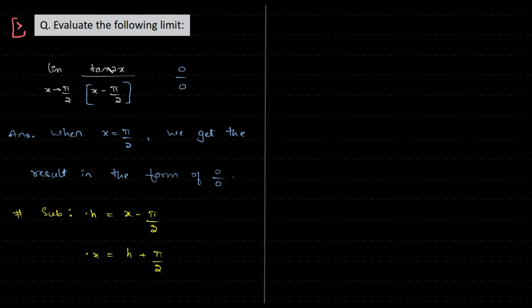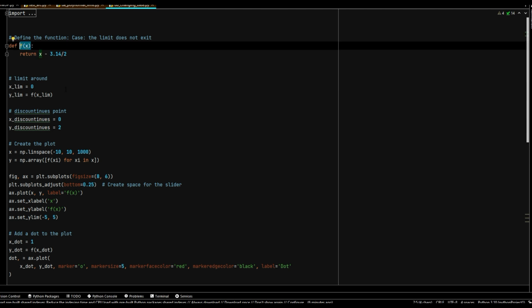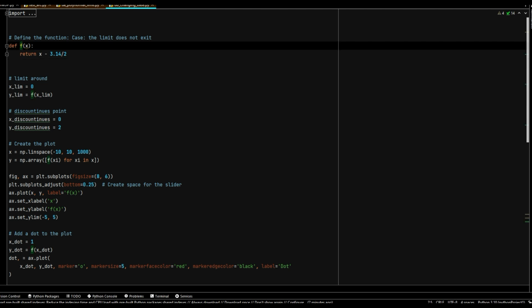Now, when we do this, it's not only the variables that will change, it is also the limit that will change. So x tends to pi by 2. In this case we are pushing x towards pi by 2. So h will move towards what? That is the question. So let's see this. I have the function h of x, which is equal to x minus pi by 2.